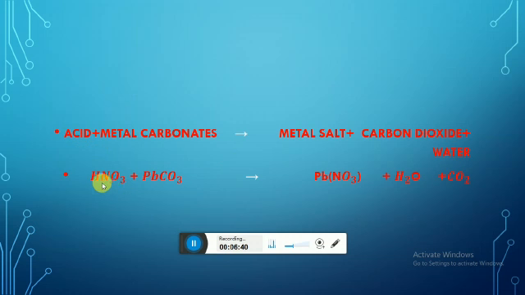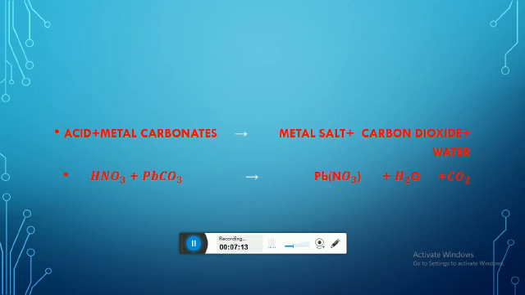The metal carbonate is PbCO3, Pb is lead, CO3 is carbon and oxygen as well. In other words we call it lead carbonate.